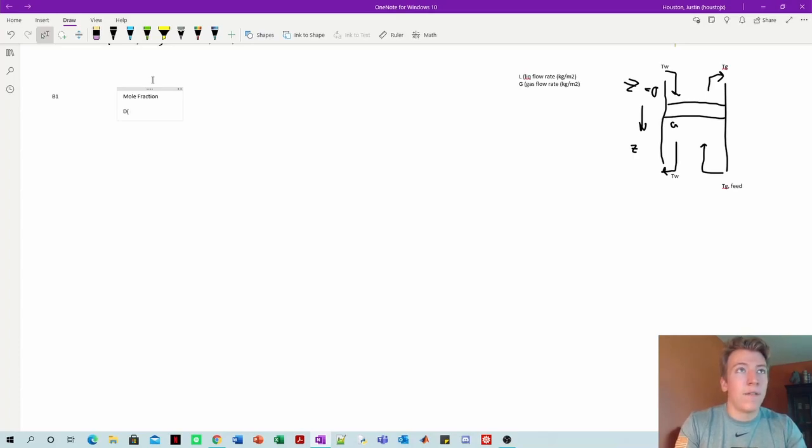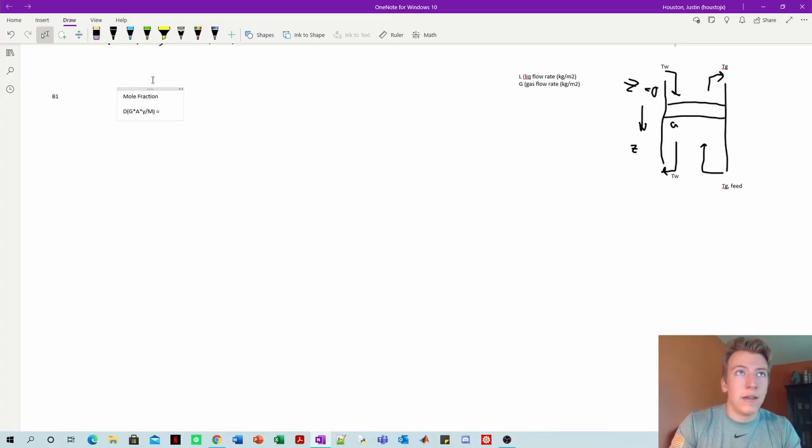So first we're going to have the gas flow rate times capital A, which is the area, times the mole fraction all over the molecular weight of that respective water, that is. And we should know that the molar flux is going to be in moles of water vapor in the air, which is why we have to include that mole fraction.